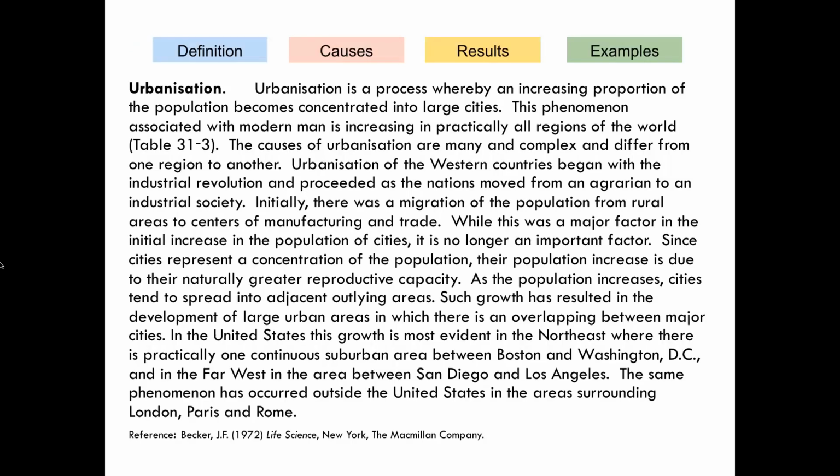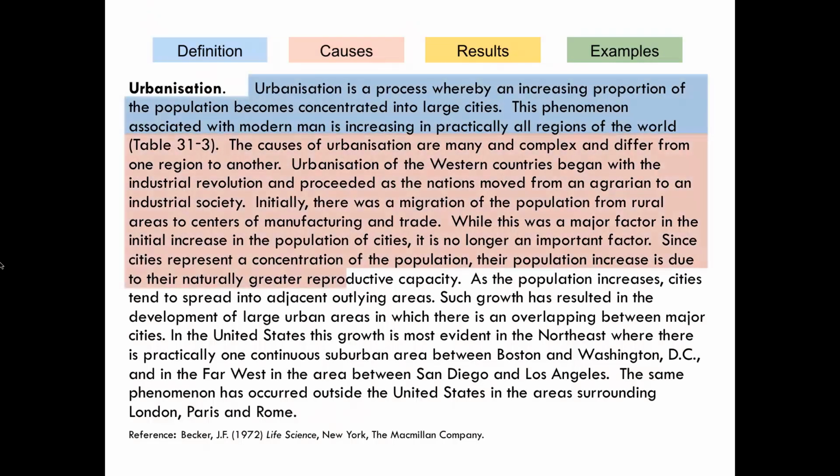Let's first look at the structure of a short text. You can pause the module to skim read it. As you do, try to identify what the writer is doing at various stages of the text. At the beginning of the text, the writer defines urbanization. In the next stage, the writer explains the causes of urbanization.